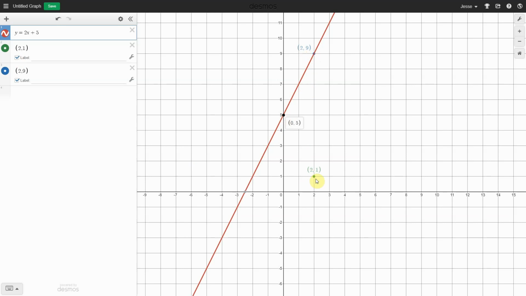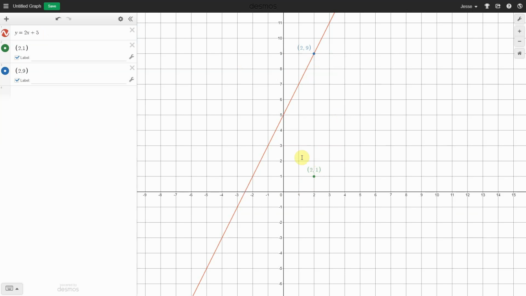A solution to an equation has to be a point on the graph or on the line. Okay? (0, 5) is right on the line. That is a solution to this equation right here. (2, 9) is also on the line. So it's also a solution to this equation. (2, 1) is a point.